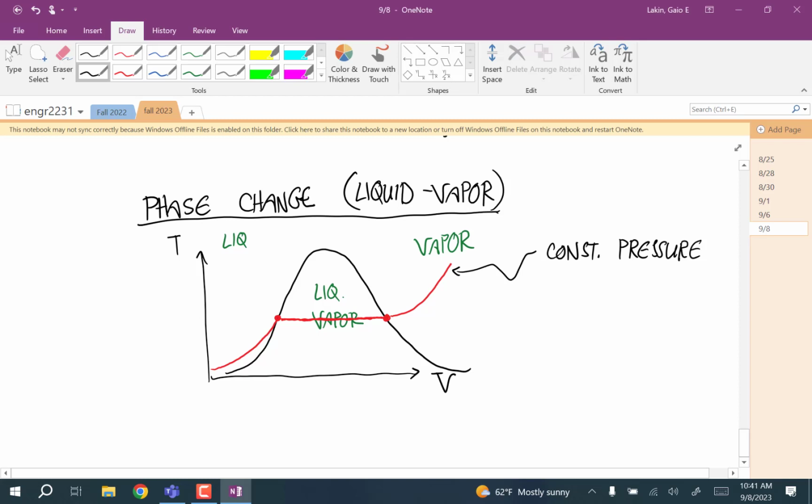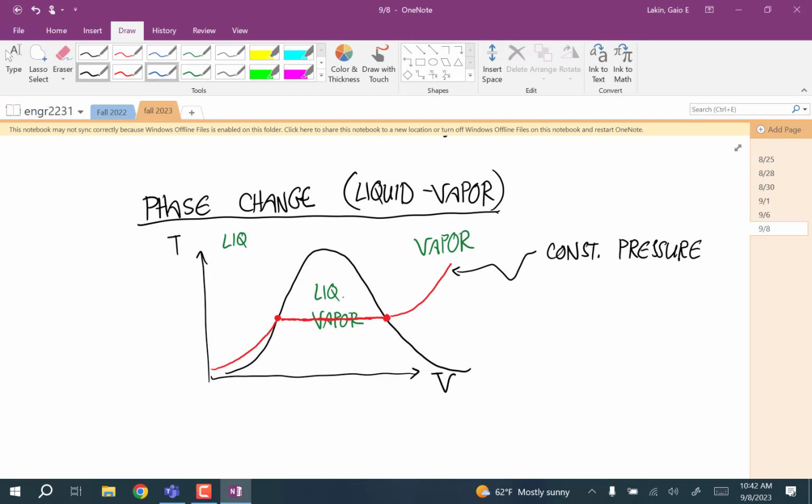So what happens to the phase change boundaries as you increase the pressure? If the pressure increases, it's harder to boil water.